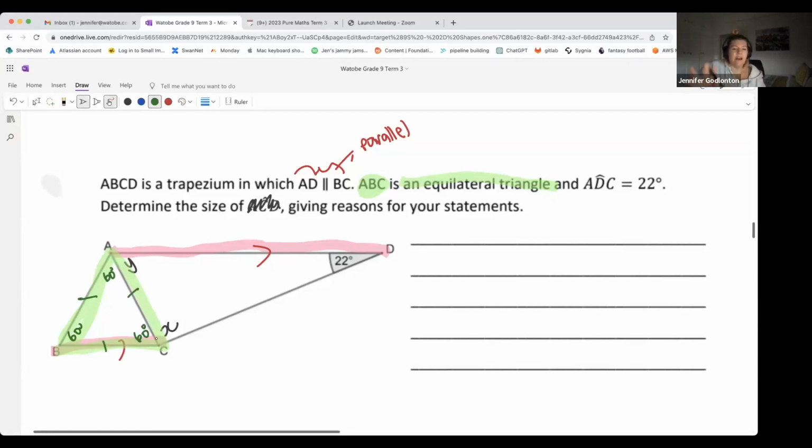I'm going to write that in my solution so far. Angle A is equal to angle B, which is equal to angle C, which is equal to 60 degrees. My reason is equilateral triangle, or you could say sum of angles in a triangle. Both of those are fine.